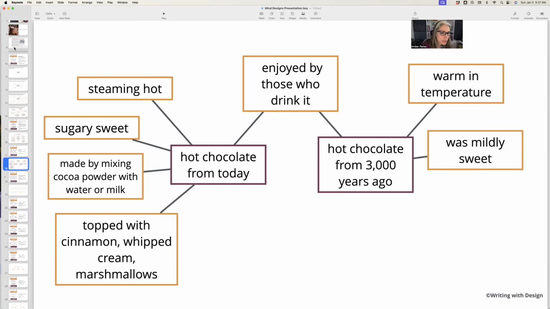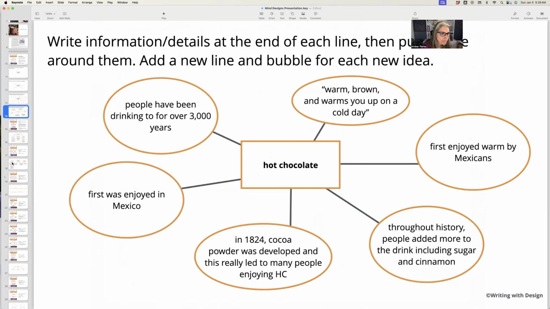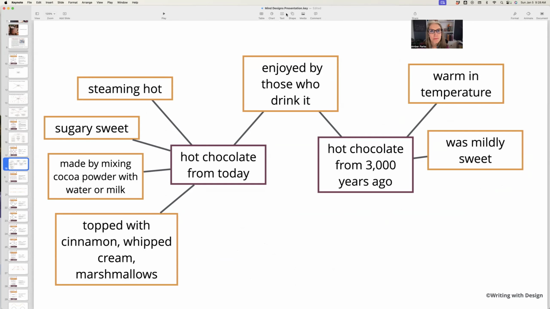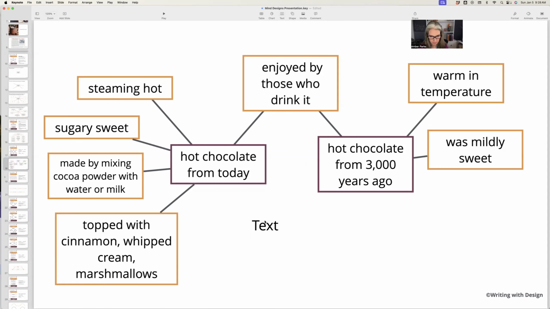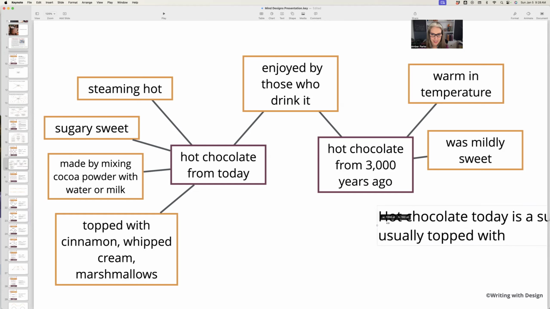So when we think about answering this question, how is hot chocolate today different from hot chocolate that people in Mexico drank many years ago? We can think about how we could write that. You can say hot chocolate today is a sugary, sweet drink that is usually topped with, look at my text all on the screen for us.